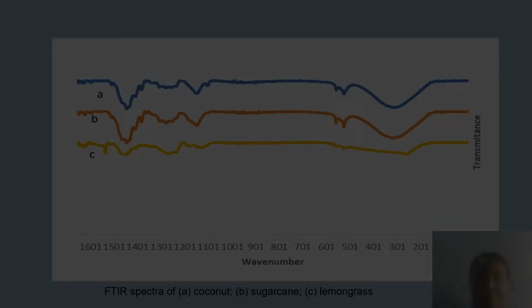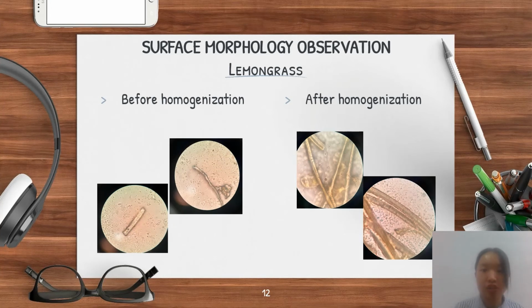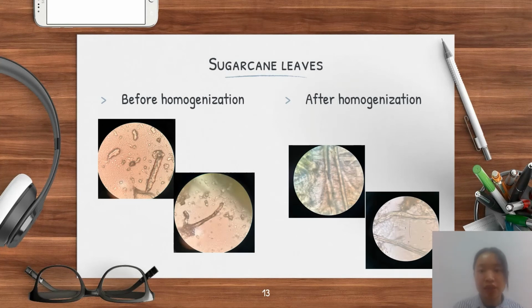Surface morphology observation. The morphology was carried out using a light microscope. For lemongrass, you can see after homogenization it shows high interlining, so we can expect it to have more crosslinks. For sugarcane, after homogenization, we can see high interlining, but not as much as lemongrass.